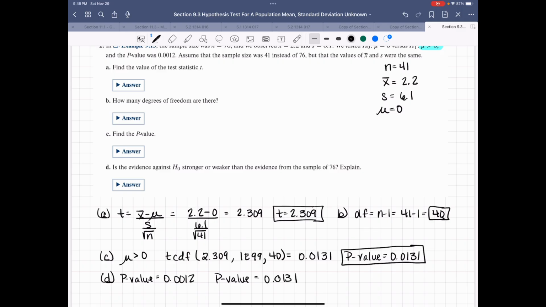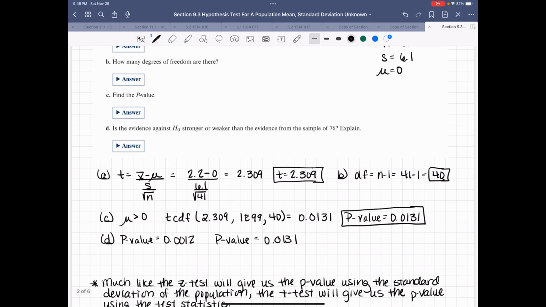It says, is the evidence stronger or weaker? It's going to be weaker. It is weaker. The 76 p-value of 0.0012 is smaller, which makes it stronger.